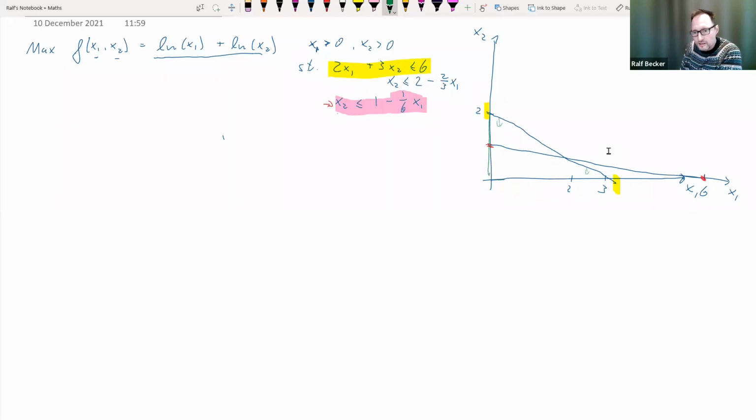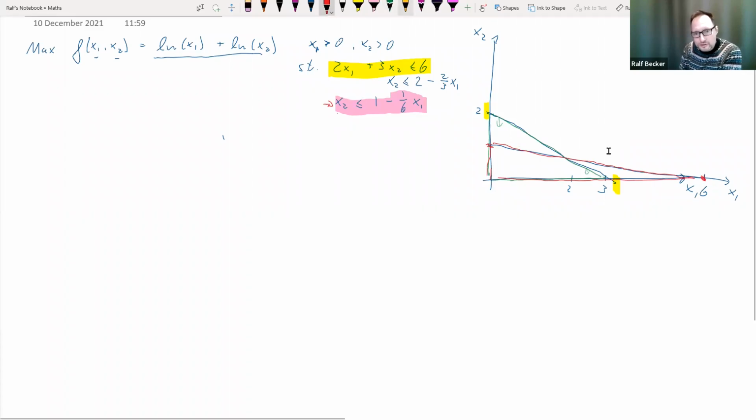So basically, the first constraint restricts our values to this triangle. The second constraint restricts our values to the red triangle.